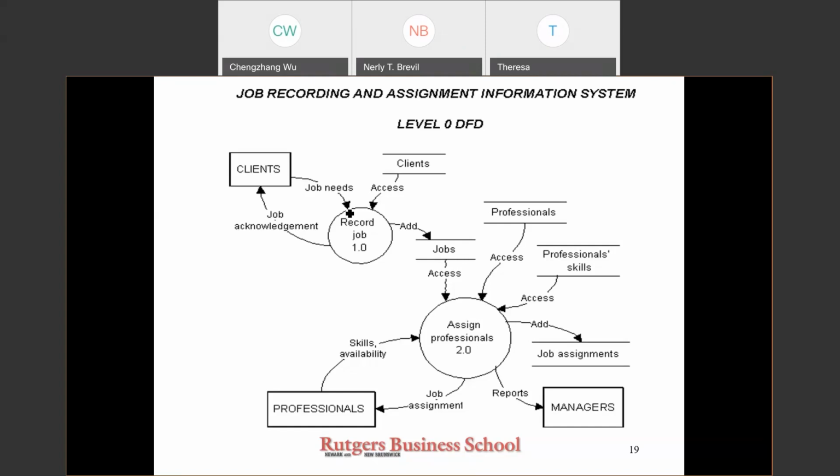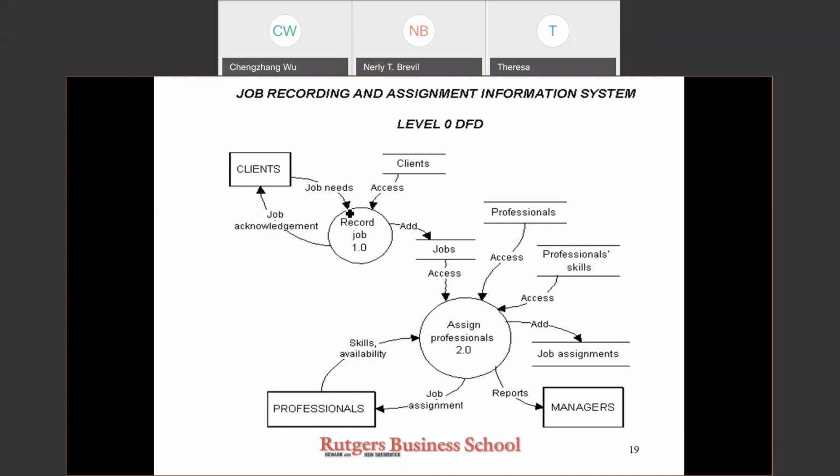Every data flow is labeled. The record job process gets input from the client, accesses the client data store, and adds an entity to the job data store.